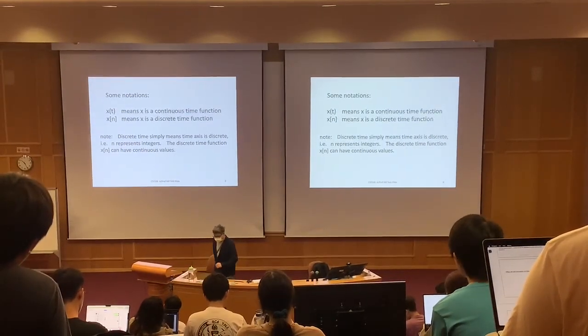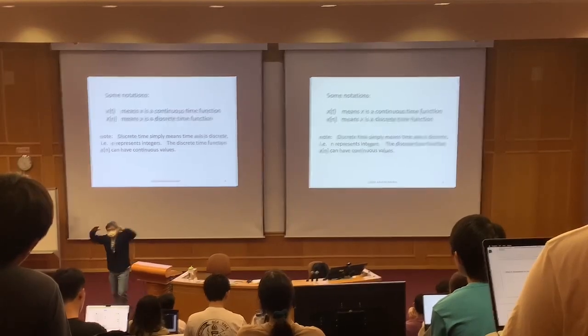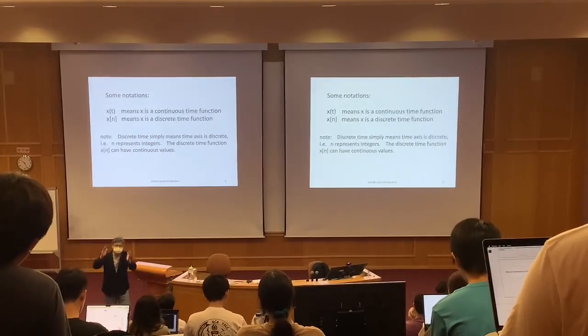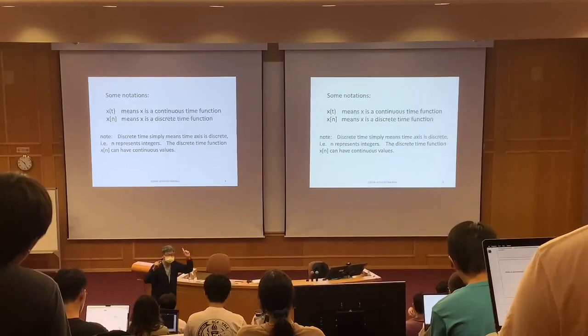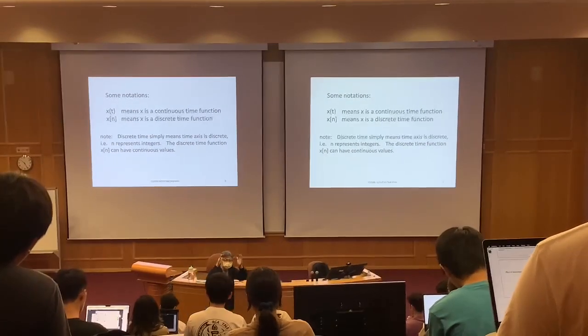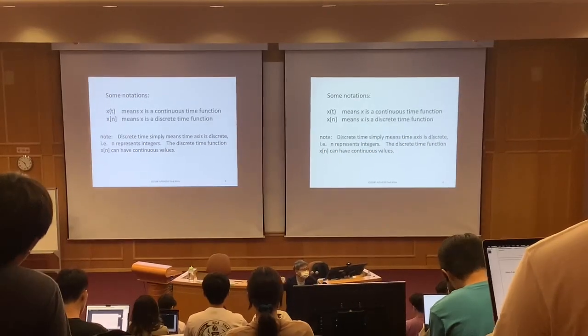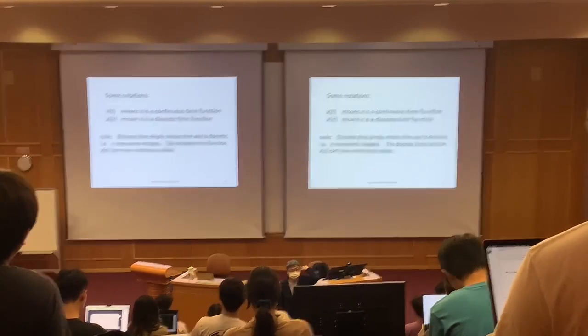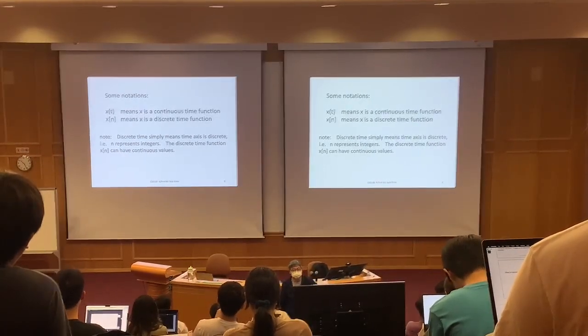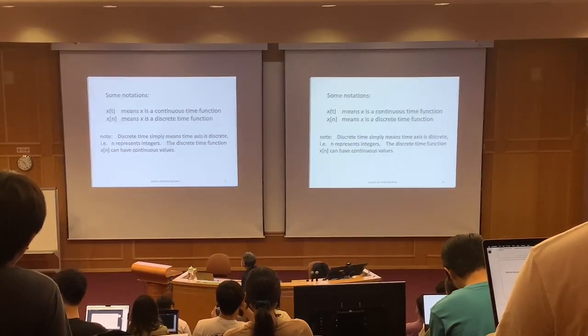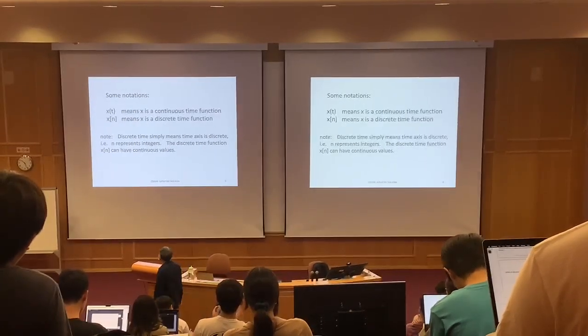So I'm going to use this notation. Every time you see a curly bracket, it means continuous, so small t is continuous. Every time I use a square bracket, it means discrete, so n is an integer now, and t is a time in seconds.